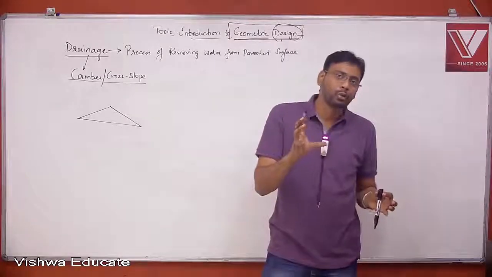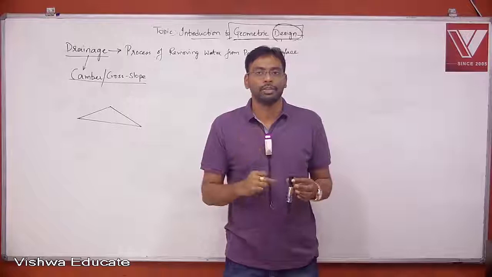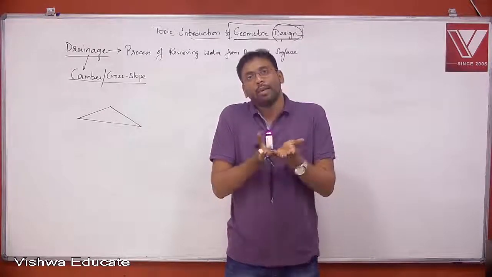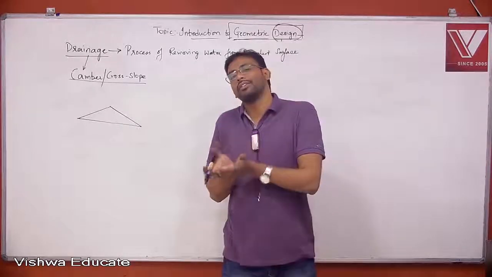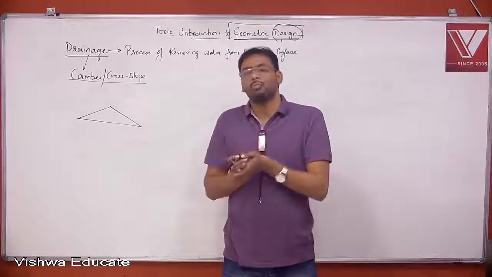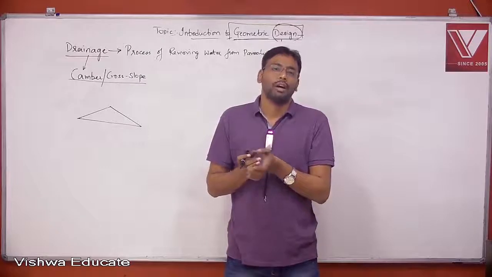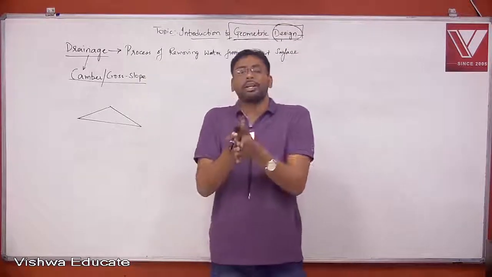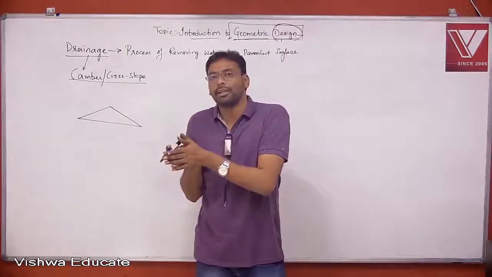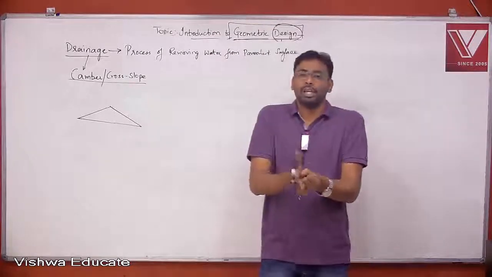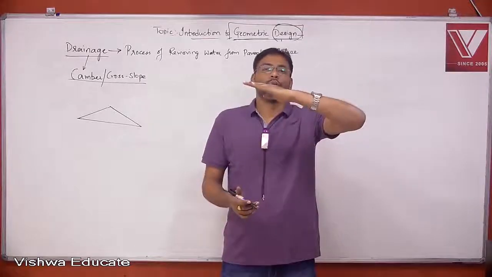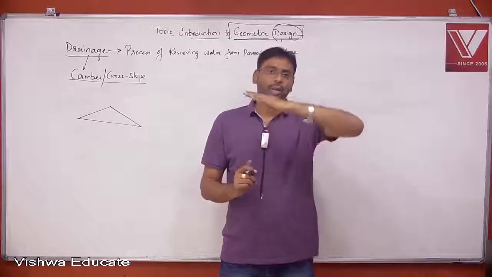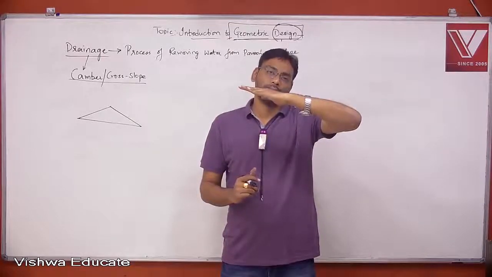Now, how should you vary the camber for this type of surface? The superior the quality, the flatter the camber. That's a previous GATE 1 mark question. Superior the quality, flatter the camber. For example, if you construct an earthen road, the quality of the earthen road is lesser.